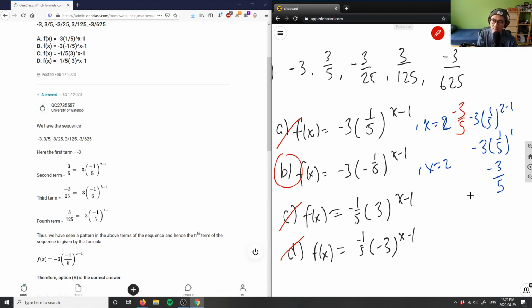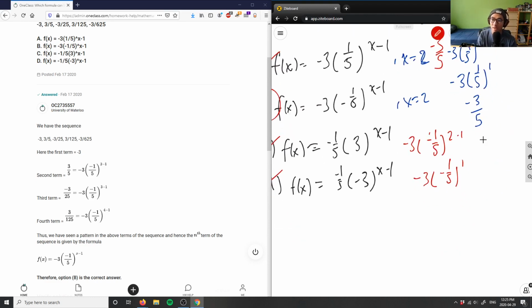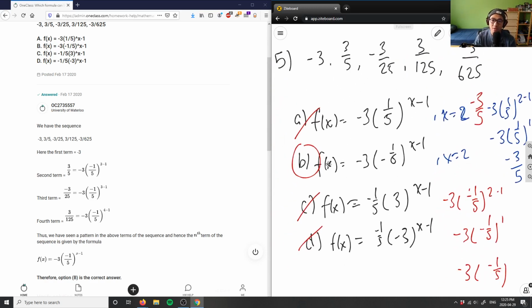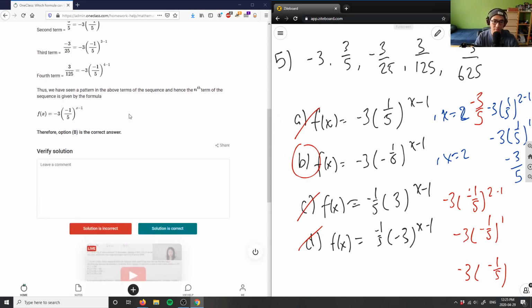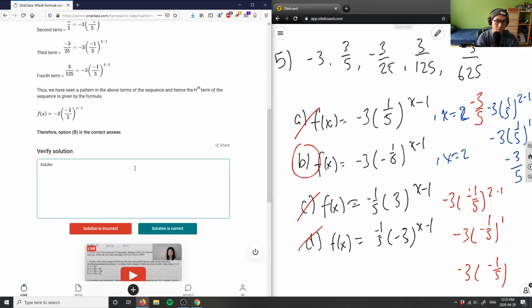Whereas if I plugged in 2 minus 1 here, I would get negative 3 times negative 1 over 5 to the power of 1, which gives me positive 3/5, which does belong to my series. So B here is the correct answer. My fault, sorry about this. So their solution here is correct. Good analysis here.